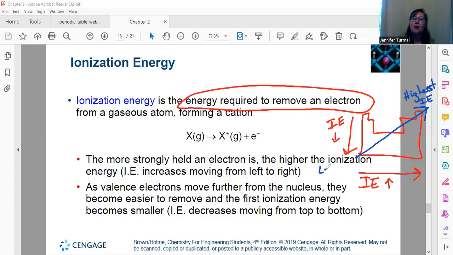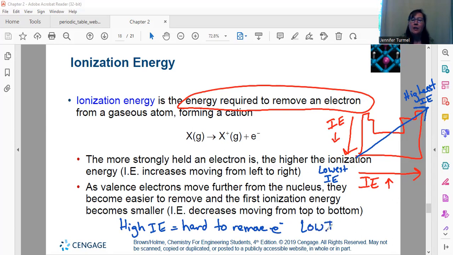And these are our lowest ionization energies. And remember, a high ionization energy means that it's hard to remove an electron. And a low ionization energy means that it's easy to remove an electron.